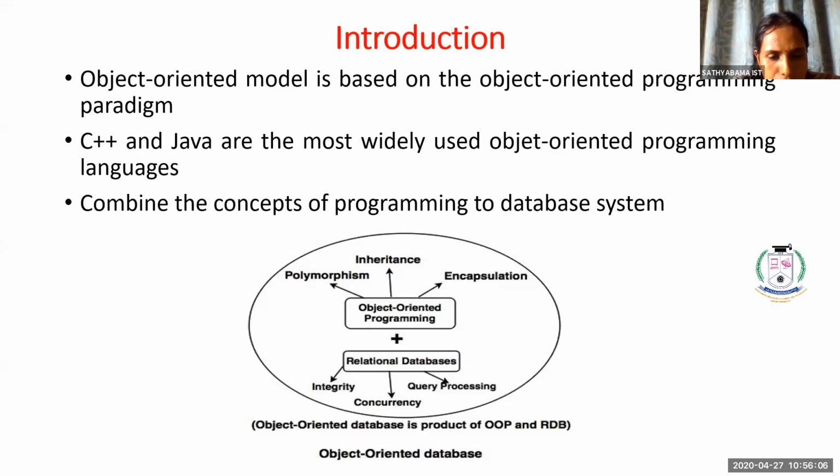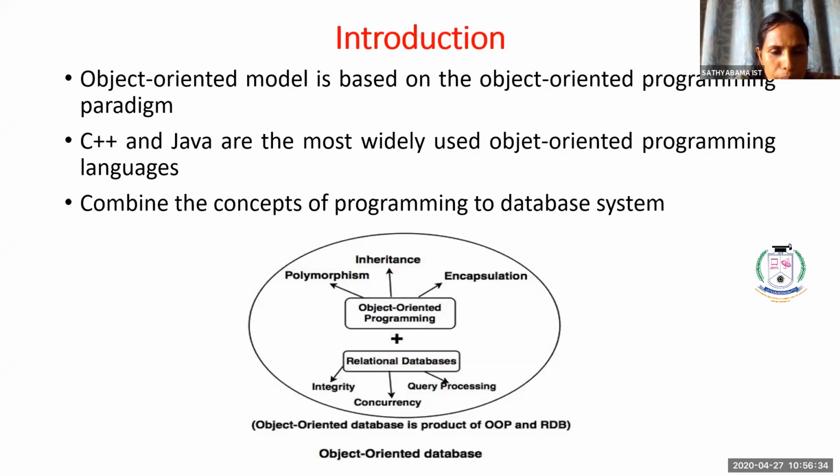Okay, so these major database concepts are going to combine with your object-oriented programming concepts. You are all already familiar with object-oriented programming concepts like Java as well as C++. You should know the major object-oriented concepts: polymorphism, inheritance and also encapsulation.